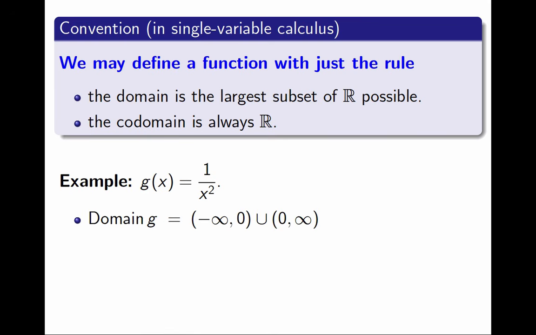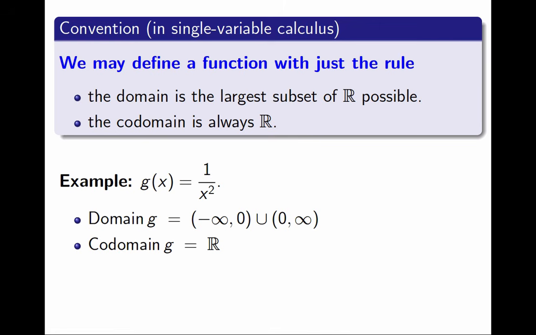So that's what I mean, the domain is all the real numbers except for 0, and I also implied that the codomain is R. This convention is useful because we are only talking about this specific type of functions. It saves a lot of time. But once you move to other fields of math, like abstract algebra, where the domain and codomains may not even be sets of numbers, then you will have to be careful and specify domains and codomains to define a function.